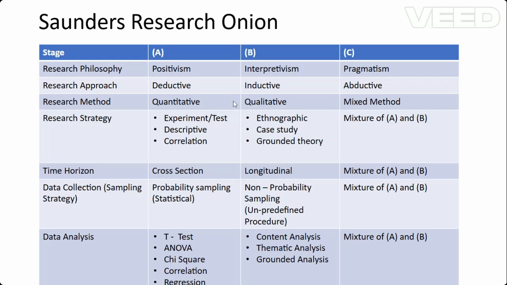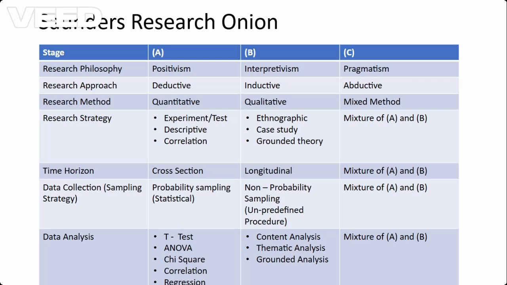But just make sure that if your research philosophy is positivism, you are going to use a deductive approach. You are going to use a quantitative approach. Your research strategy is going to be either an experiment, or descriptive, or correlation.